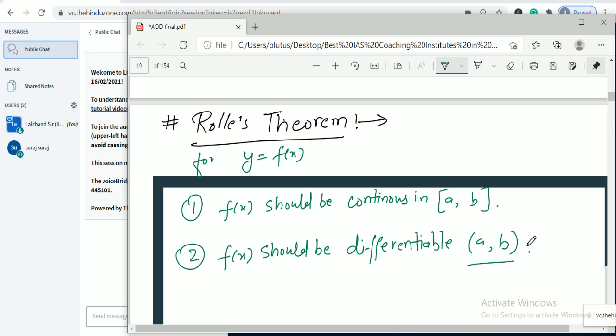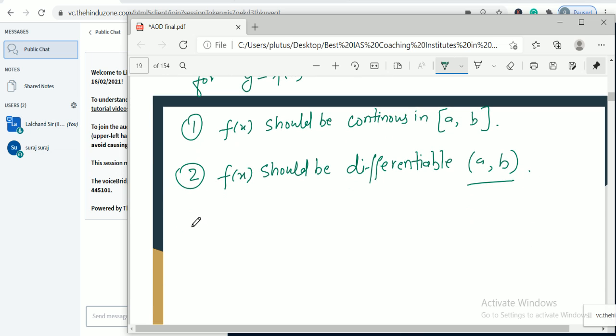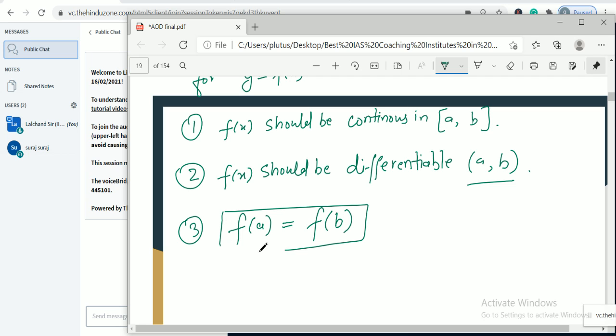What will be the third condition to satisfy Rolle's theorem? Can you tell me? Anyone? The third condition will be f(a) equal to f(b). These are the three conditions a function should satisfy for Rolle's theorem.